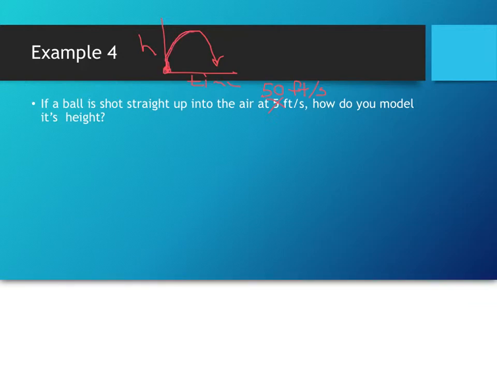So we're going to pretend that we have some sort of a launcher sitting on the ground, and at time 0, this launcher shoots it up at 50 feet per second, and then it comes back down. Okay, so pretend you start at ground level. You start at height of 0. And again, I want you to push pause, look it up, and then come back and see what you get.